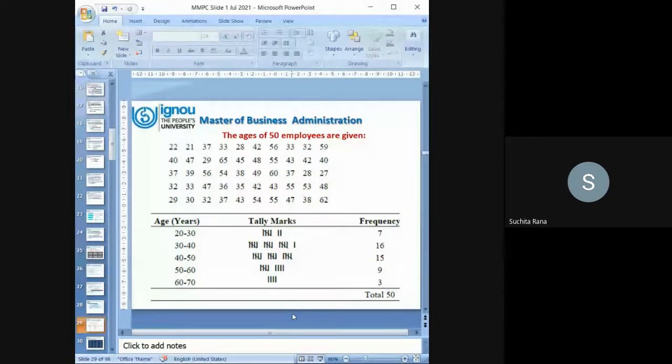I think it should be 20 to 30, 31 to 40, like that, grouping. Yes, the grouping should be 31 to 40, 41 to 50, 51 to 60.